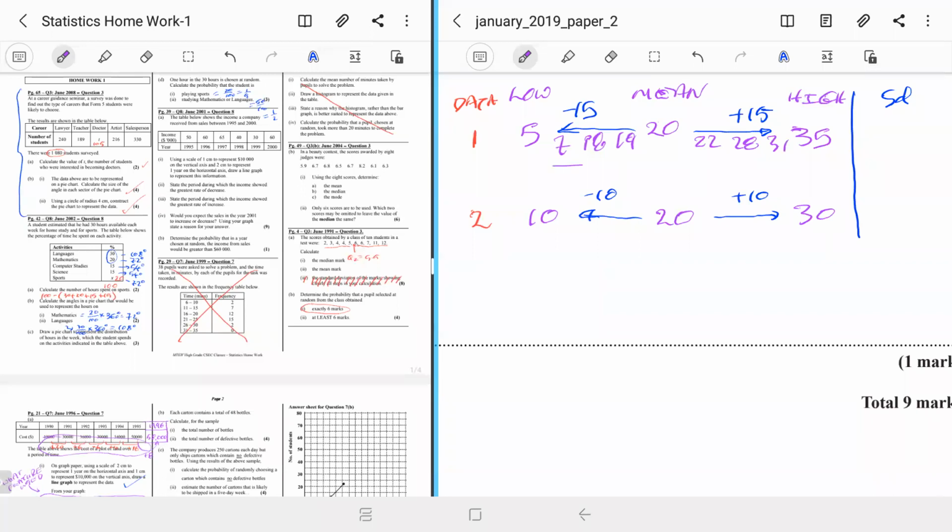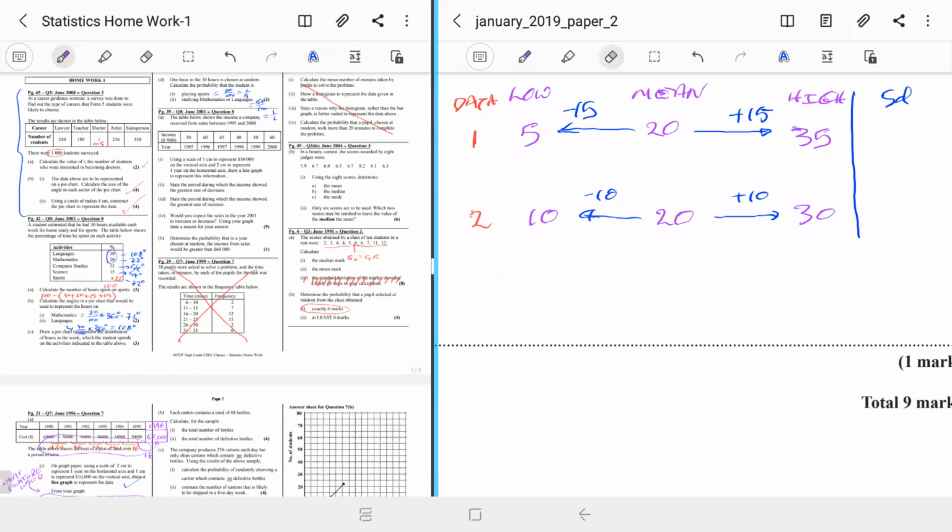You have all these values, but I'm just picking out the mean, the lowest value and the highest value for the purpose of illustrating. I'm leaving out those other data values because they are irrelevant right now.